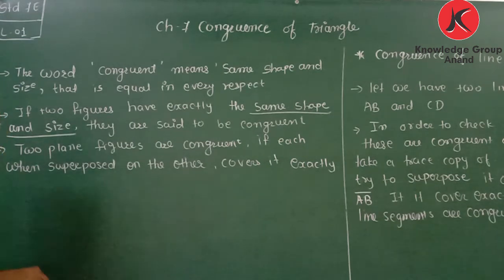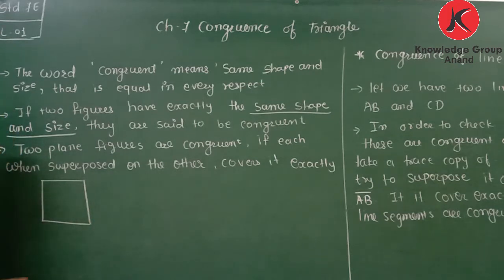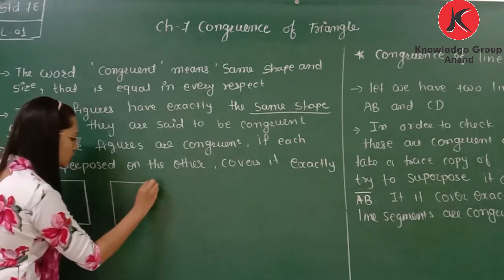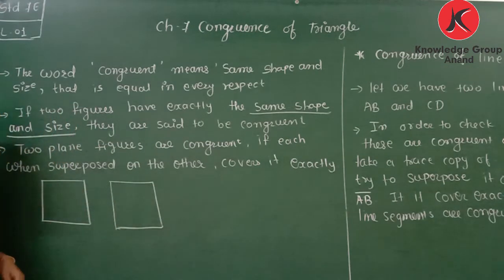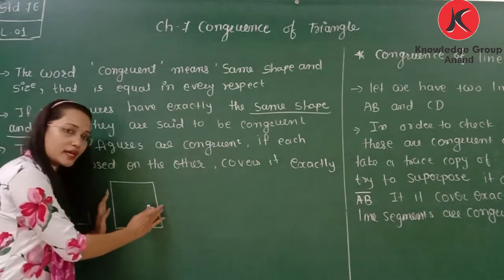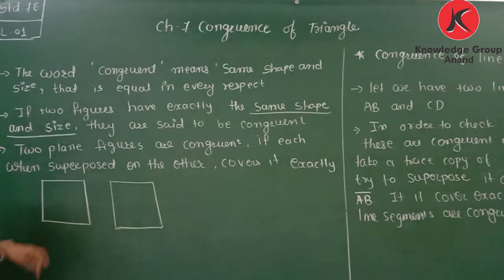If I give you one figure, let's take a square, and I have one more square, and I take a trace copy of this one, or cut this square and superpose it on the second square, and it covers completely, then these two squares are called congruent objects.